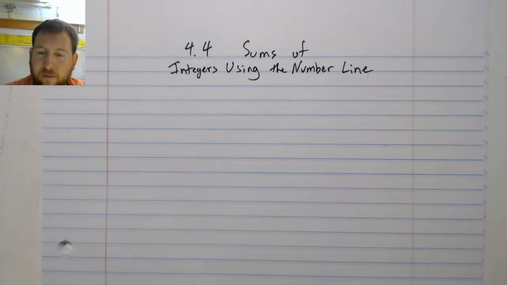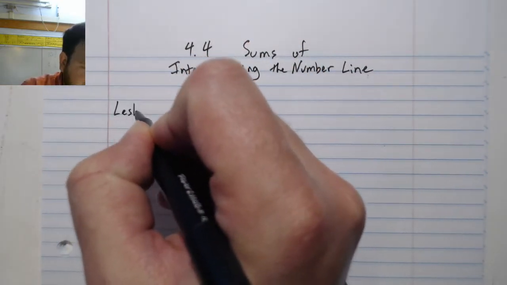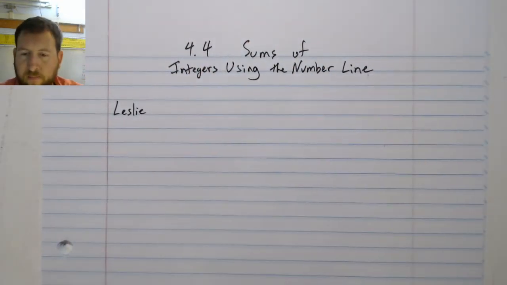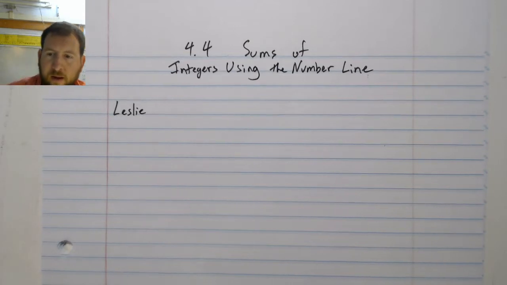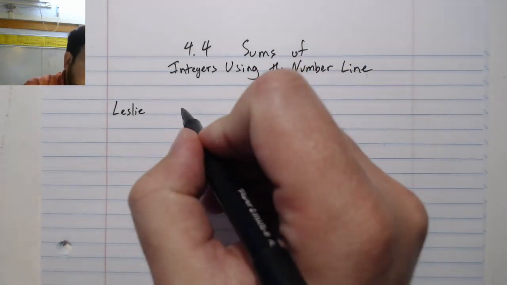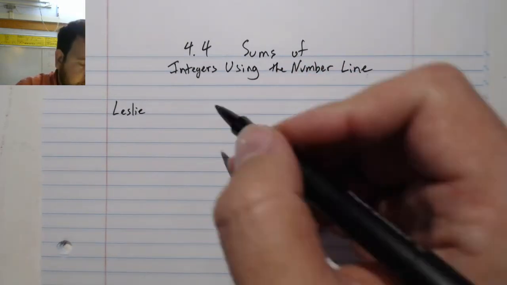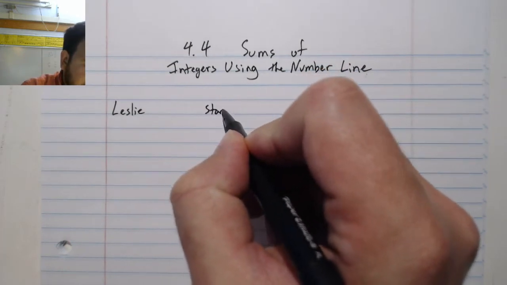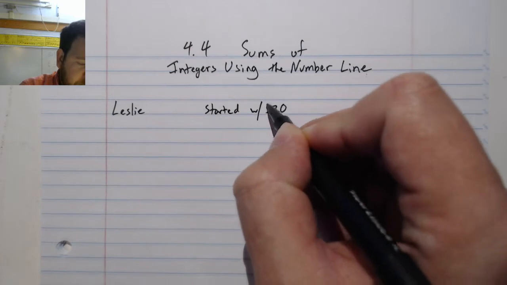So, for example, let's take somebody, and let's take our little example of Leslie. She started with $20 that her parents gave her, and she's trying to save up to go to a fair. Started with $20.